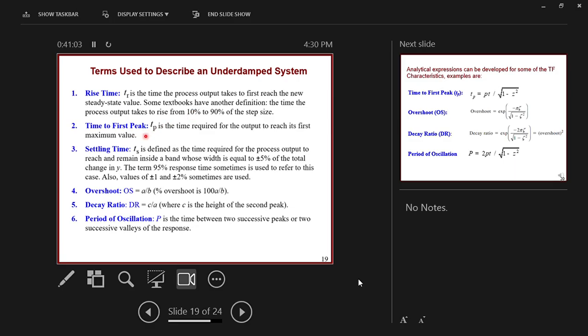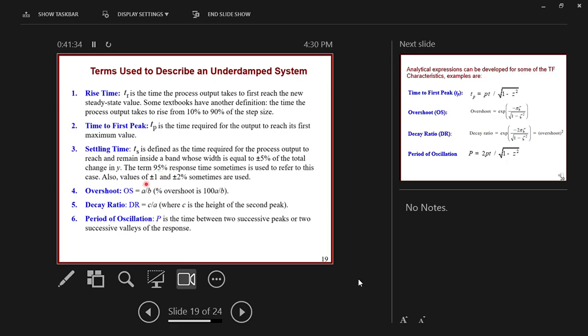Time for first peak, TP, is the time required for the output to reach its first maximum value. Settling time is defined as the time required for the process output to reach and remain inside a band whose width is between plus or minus 5% of the total change in Y. The term 95 response time sometimes is used to refer to this case, because now 95 represents the lower limit of this band.